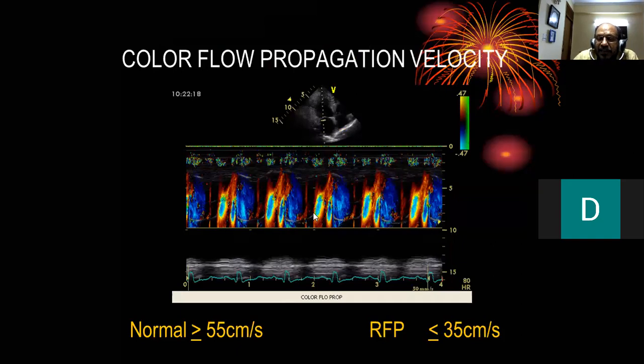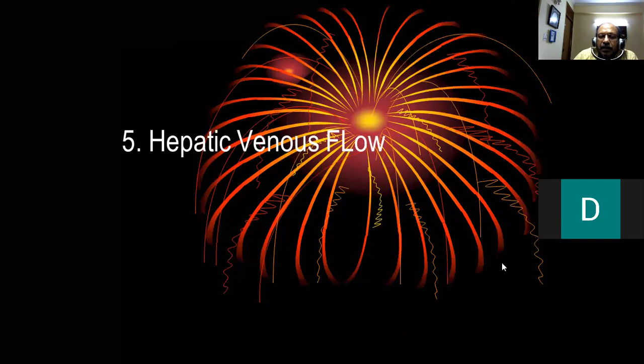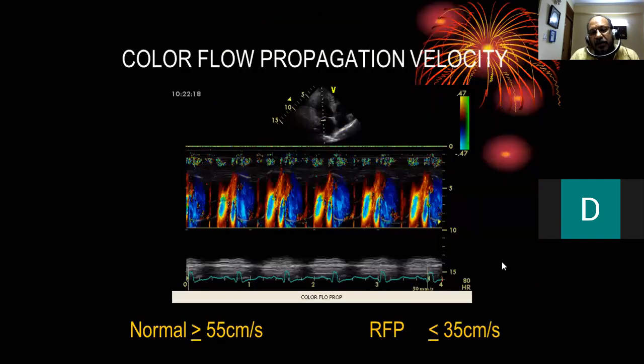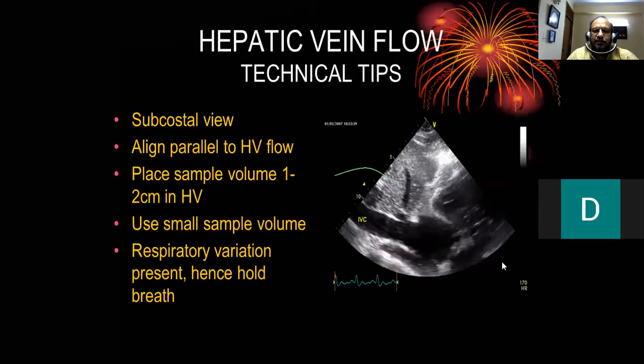We measure this color flow propagation pattern from the opening of the mitral valve. We go 4 centimeters up along this aliasing line to get the velocity in centimeters per second. Normal is 55, and a restrictive filling pattern is 35 centimeters per second.